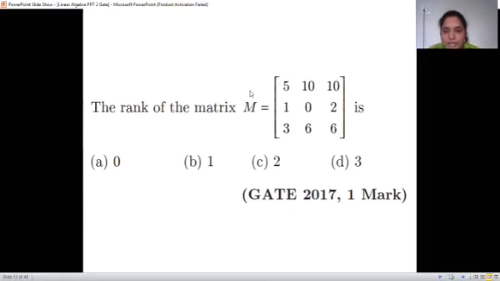The rank of the matrix M is? The matrix is given to you and rank is asked. Done? Anyone? Please share your answer.